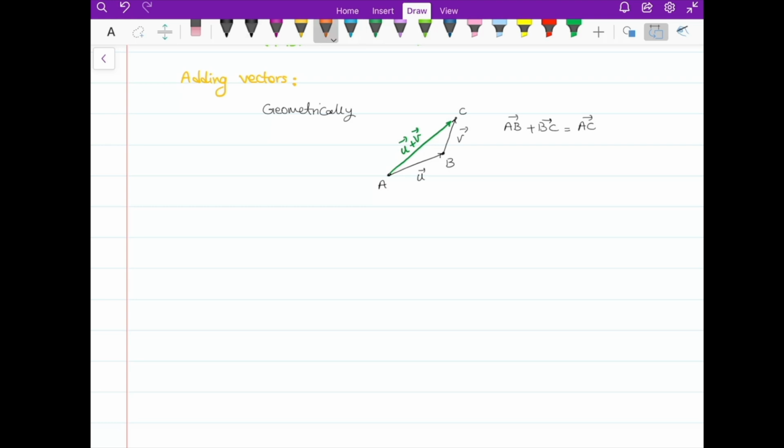Okay, so actually U plus V would be what? Would be the addition of these two vectors. And how do we get that? We are gonna place the tail of V on the head of U, and we're gonna form a triangle.